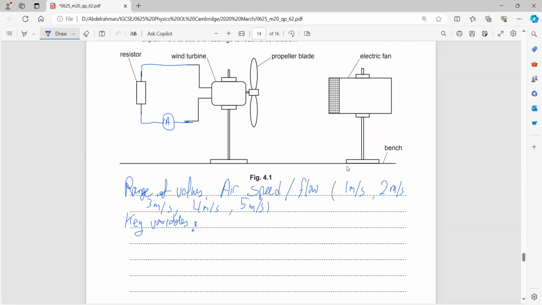Some constants, some controlled variables. The distance between the electric fan and the propeller blade. Yes, that is correct. Any other key variables? Distance between the fan and the blade.